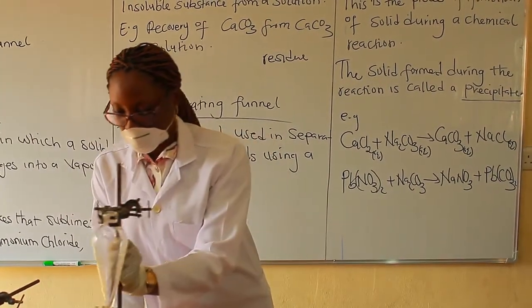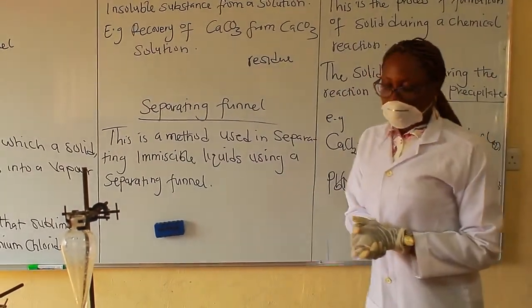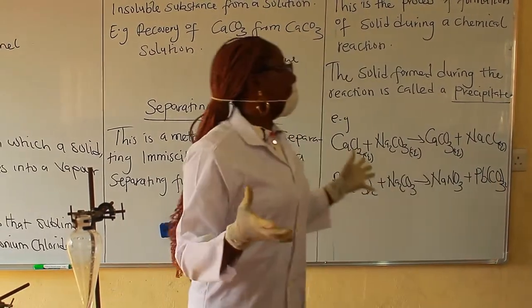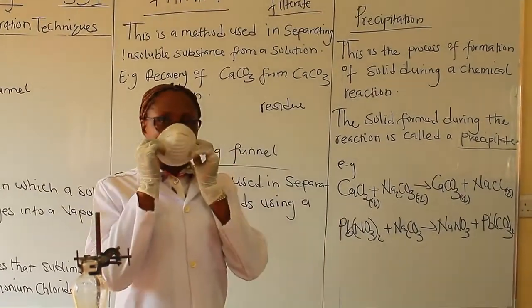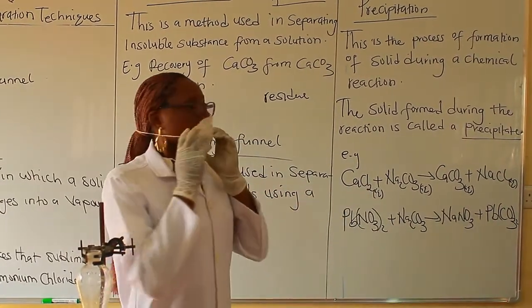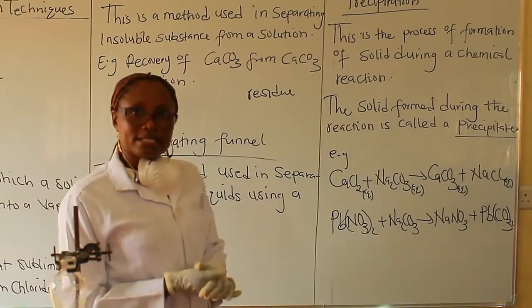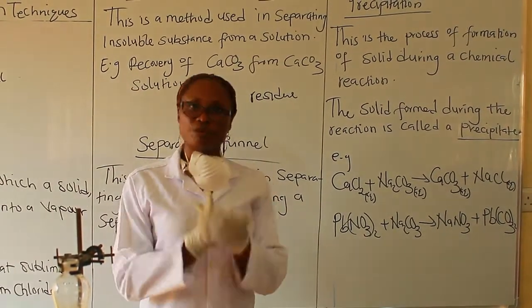We are done with the third method of separation technique for today. So let us go into the last part, which is precipitation. What is precipitation? This is the process of formation of a solid during a chemical reaction.